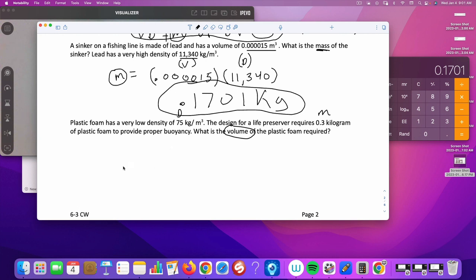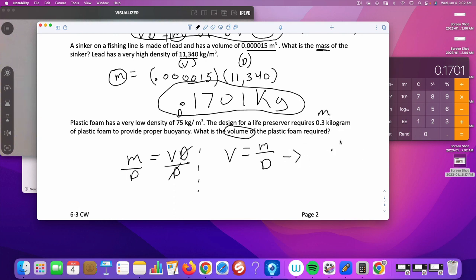So let's take the equation you just made. If I wanted to solve for v, what do I have to do to this equation to make it simpler? Tanner, let's try it. Once you divide by d, the volume is isolated, and you get this equation. Your new equation can be plugged in with the mass and the density.